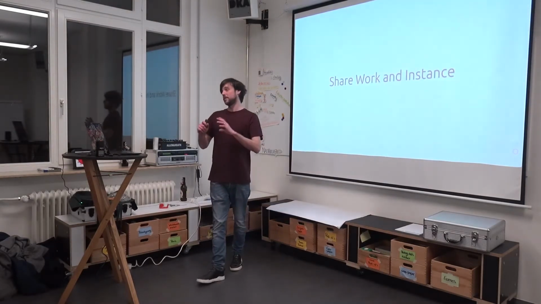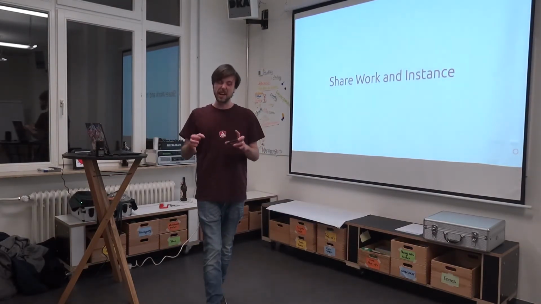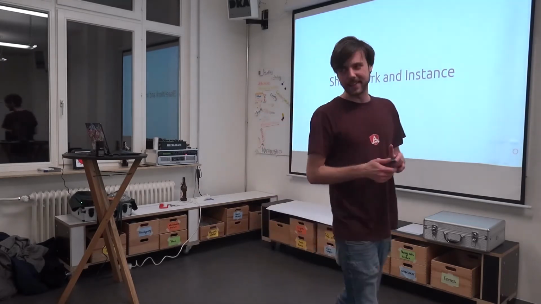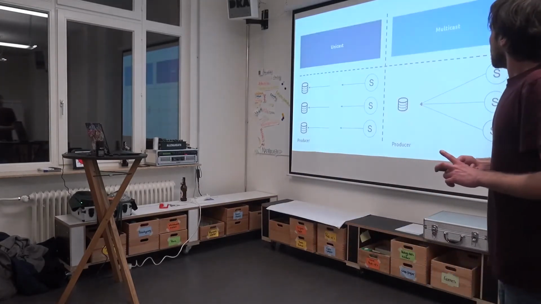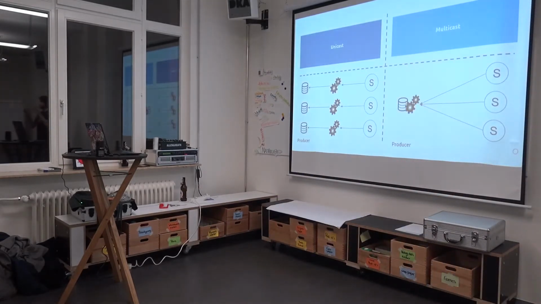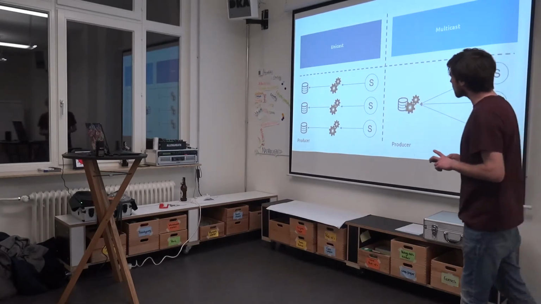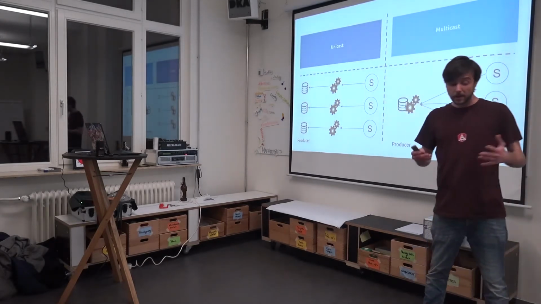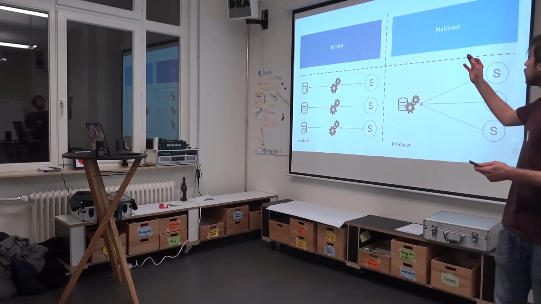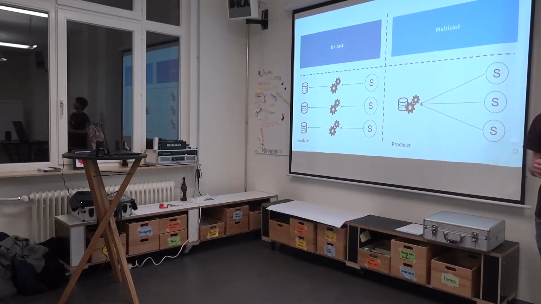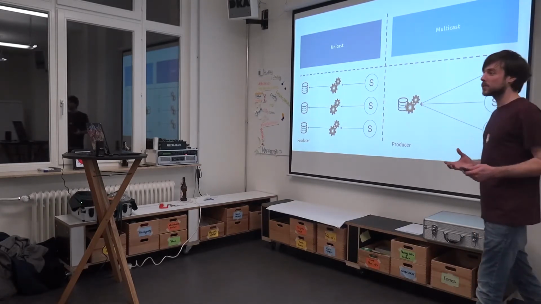The next problem that I want to introduce you is sharing work and instances. Let's talk about some fundamental principles in RxJS, in reactive programming. There are unicast and multicast observables. What is a unicast observable?